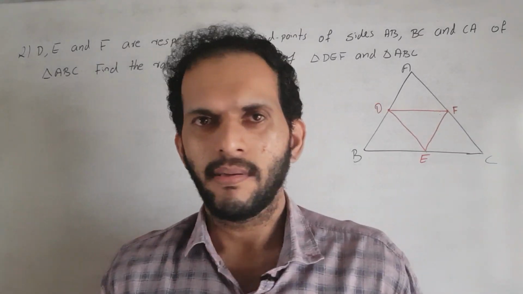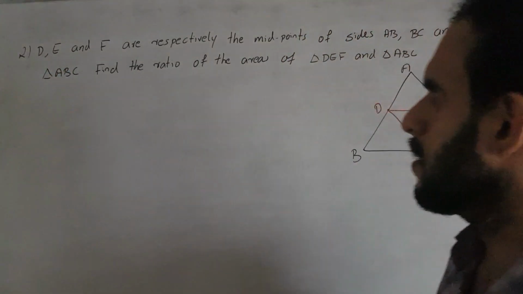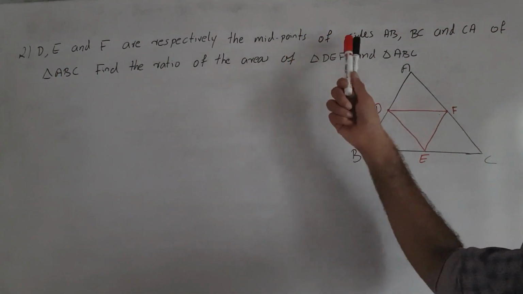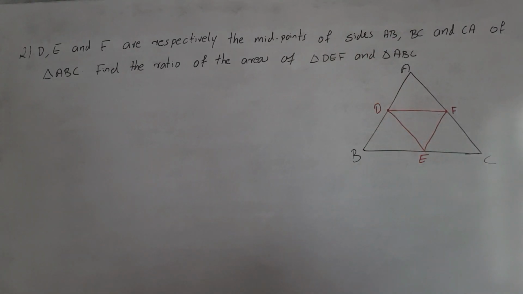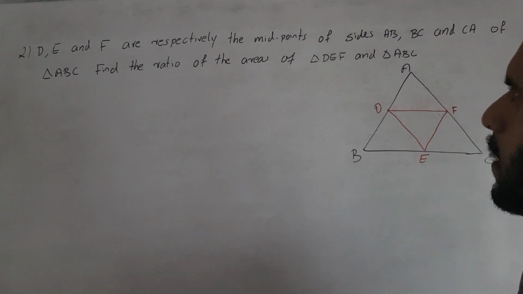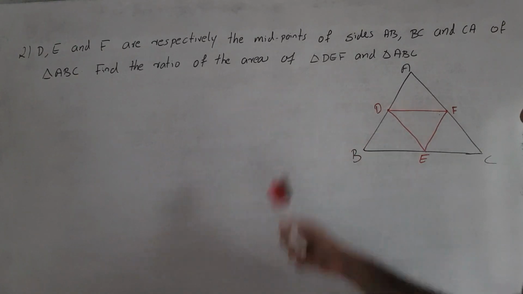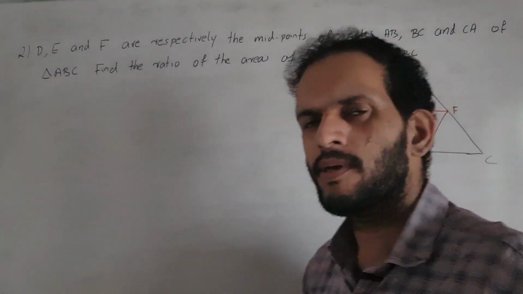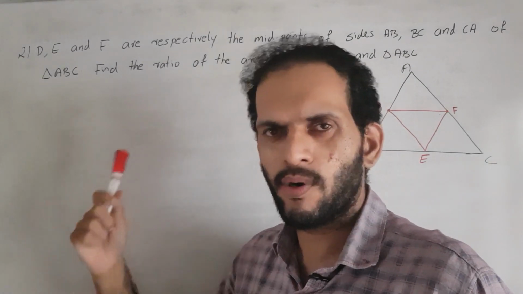Our next question is like this. D, E and F are respectively the midpoints of sides AB, BC and CA of triangle ABC. Find the ratio of the areas of triangle DEF and triangle ABC. So first we draw a figure based on the given statement.